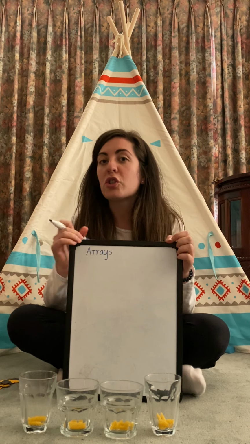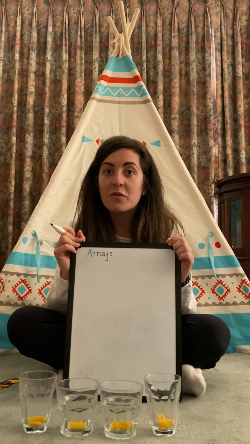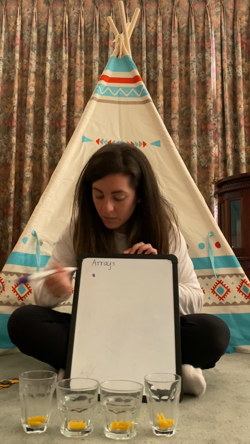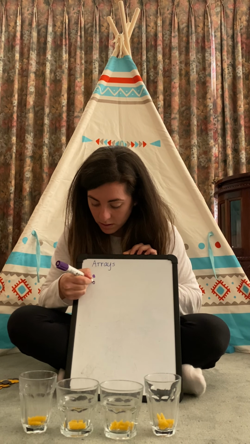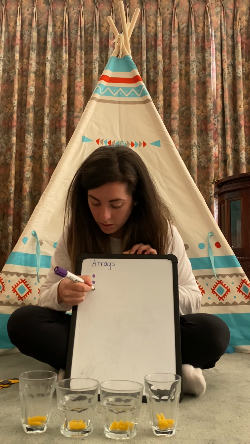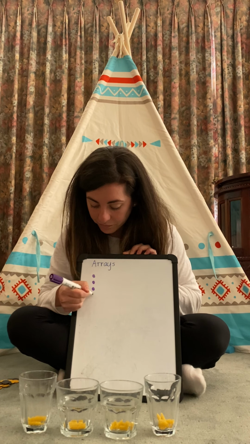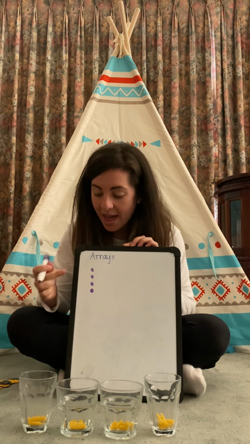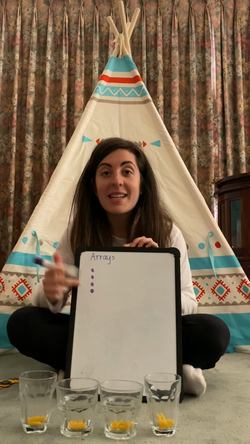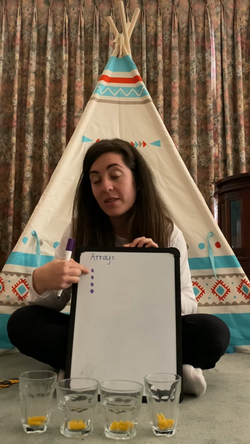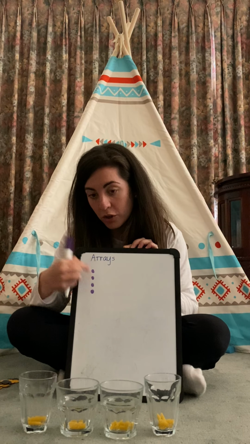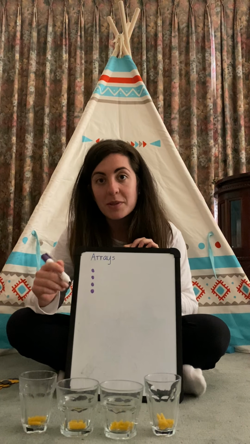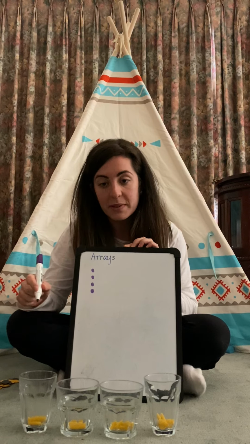So the first thing I'm going to do is show you how many groups I have. 1, 2, 3, 4. To show how many groups I have, I do it down in a line. So each dot says that's 1 group, 2 groups, 3 groups, 4 groups. That's because I have 4 cups. I rolled the die, I rolled a 4, I got 4 cups.